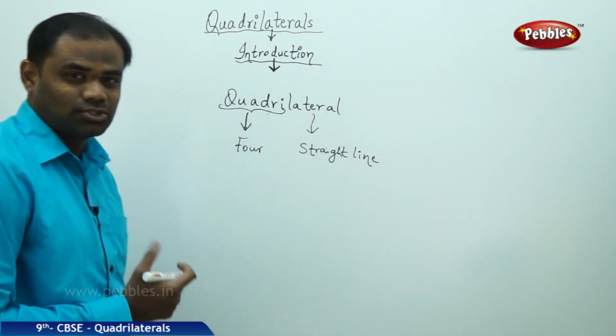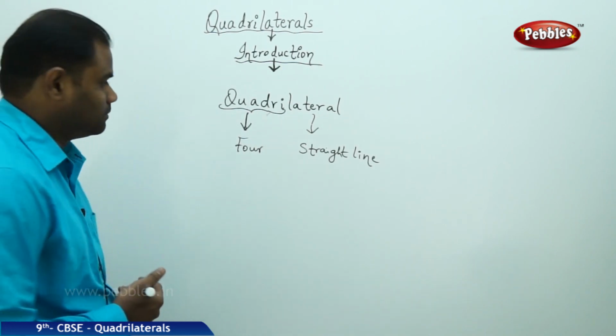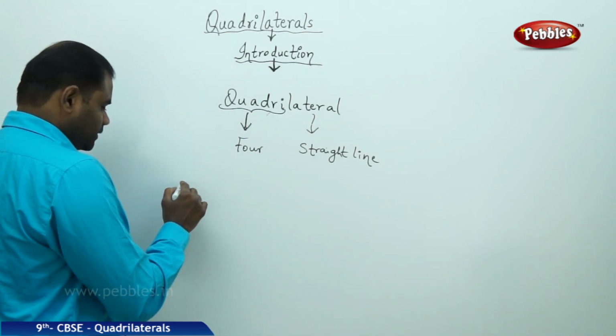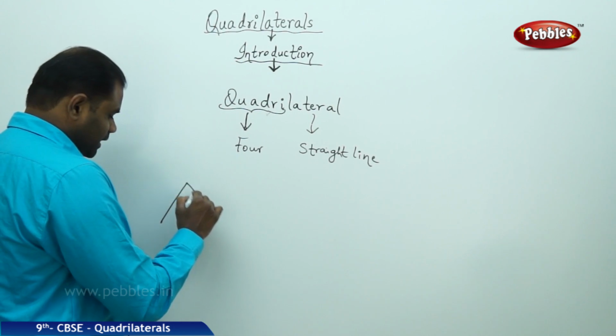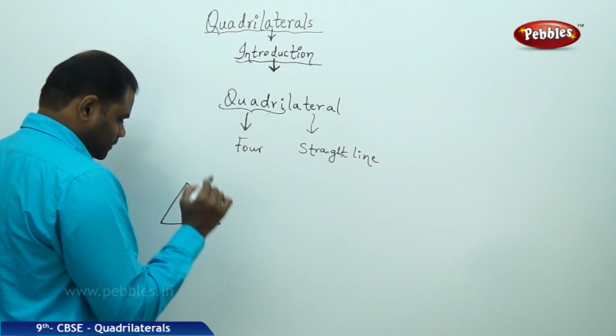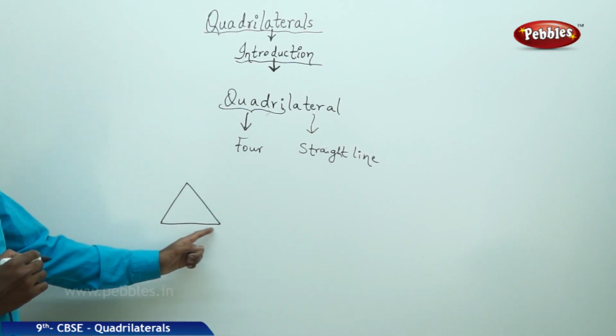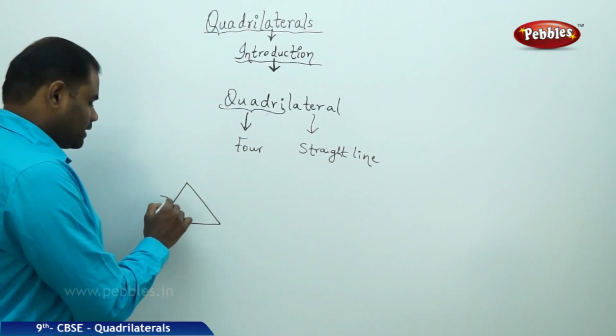Let's get back to the recap of a triangle. As we have seen, a triangle has three straight lines, which are angular.